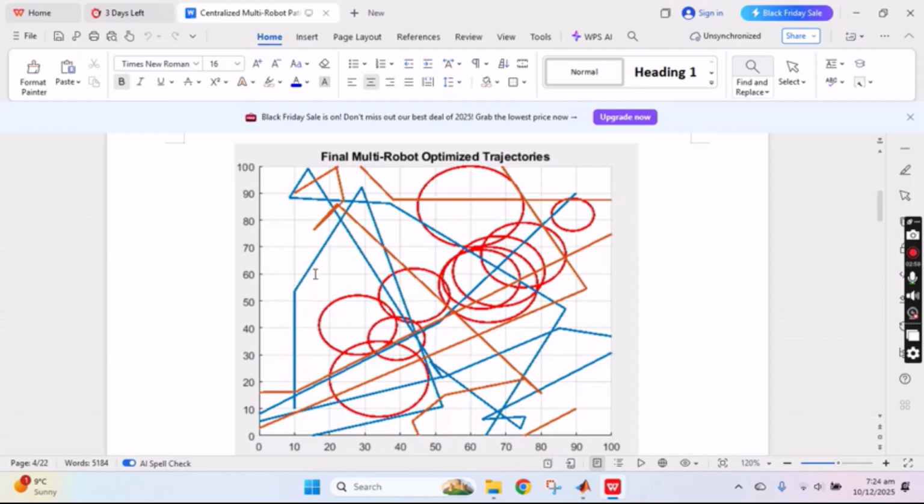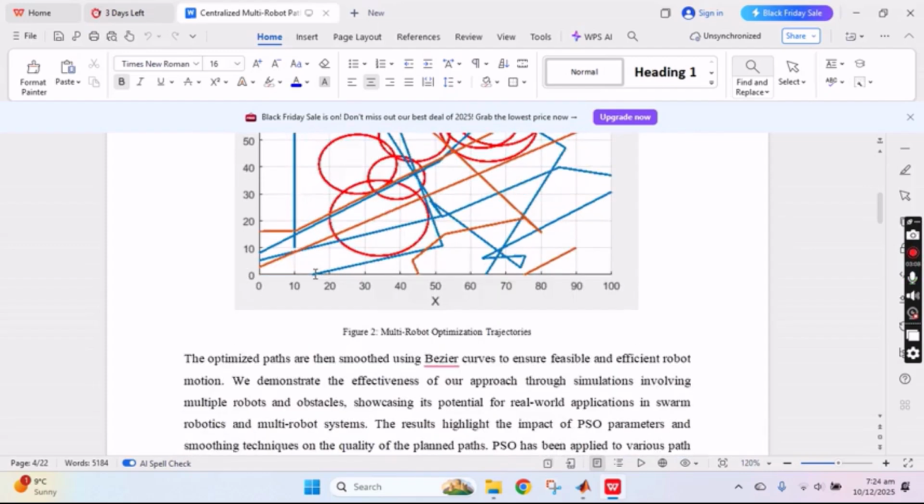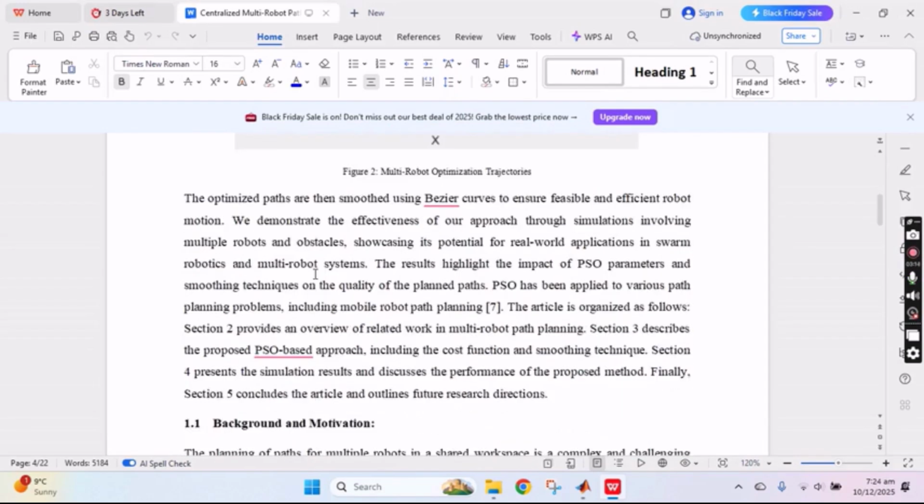So this is basically the planning optimization, like the robots' optimized trajectories during multi-robot optimization. Okay, so here is basically this article organized in different sections.